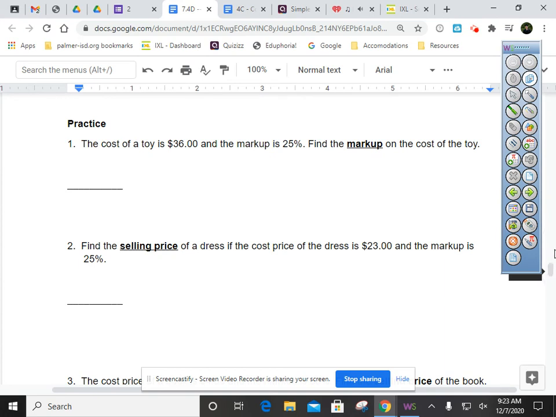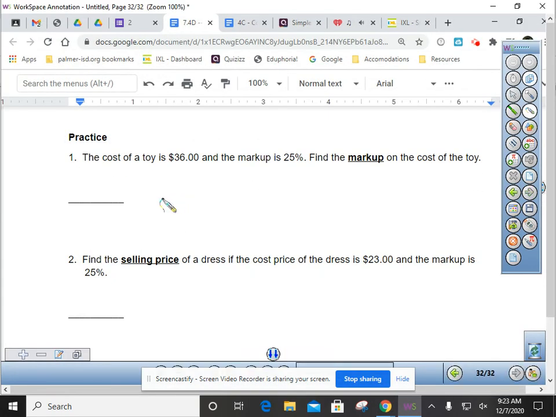The cost of a toy is $36 and the markup is 25%. Find the markup on the cost of the toy. Are you going to be adding it back? No. Write a proportion. This is 100. What goes above the 100? 25. What goes next to the 100? 36. And what goes above that? Good.